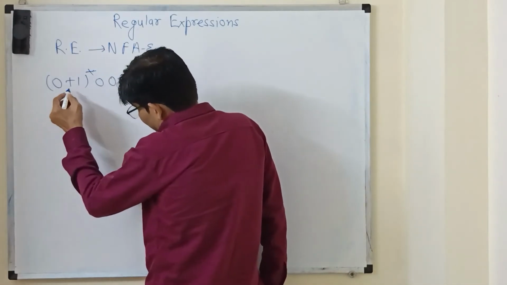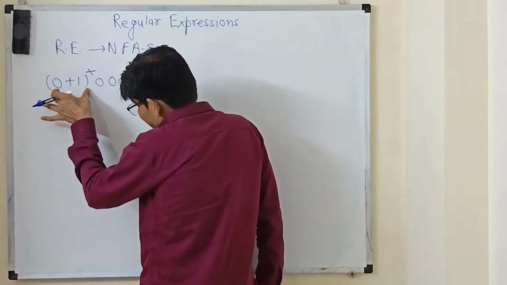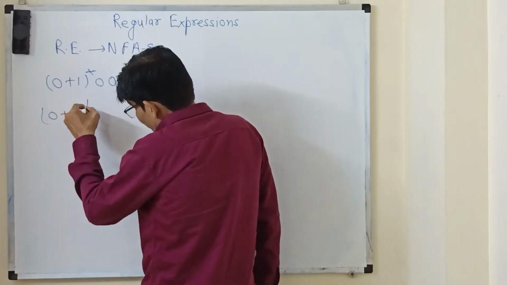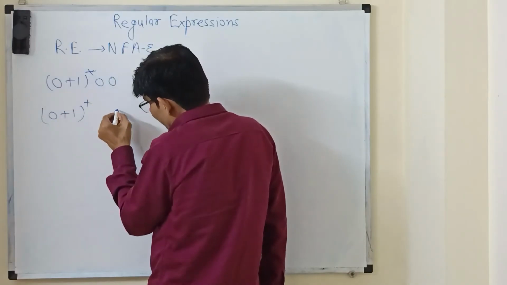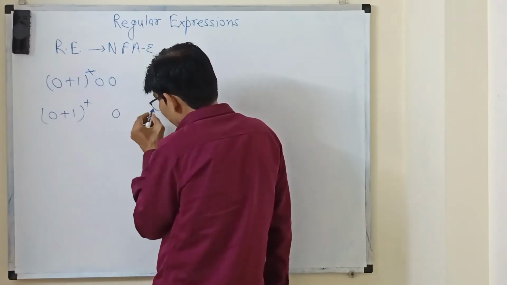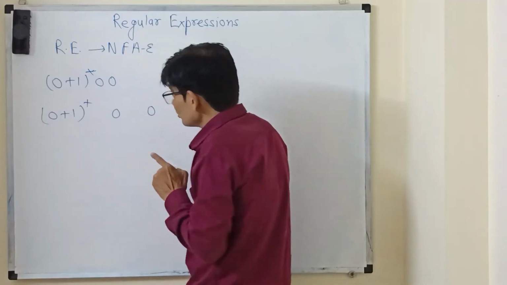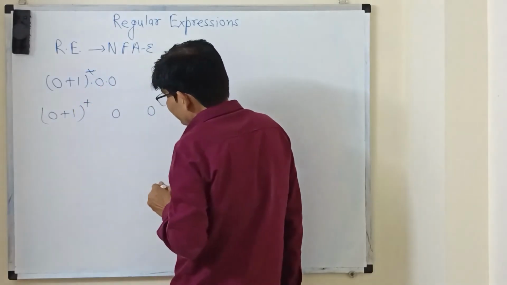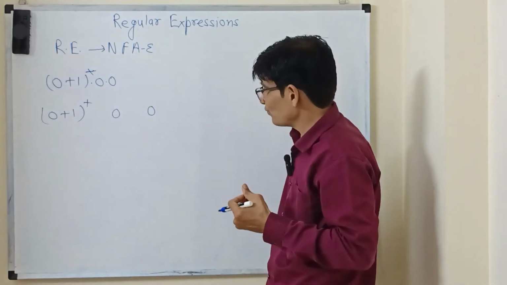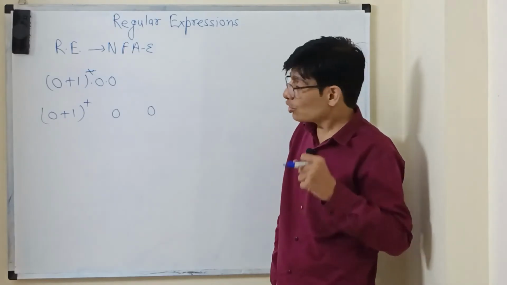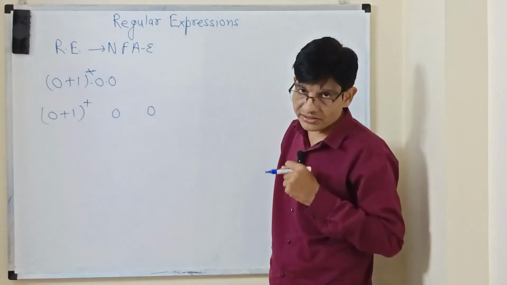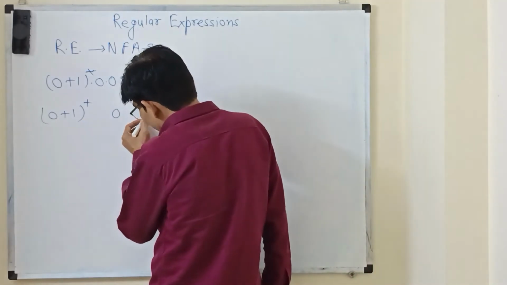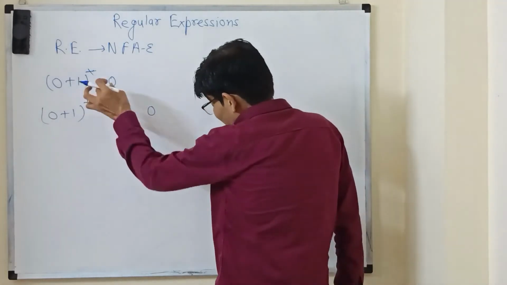For the first part we can take the positive closure (0+1)+, then the second part we can take as 0, and the third again we can take as 0. You can see, my friend, all these parts are connected with each other with the help of the dot, or you can say concatenation operation, so I have created three different pieces from this regular expression.